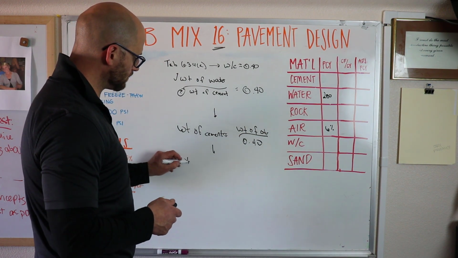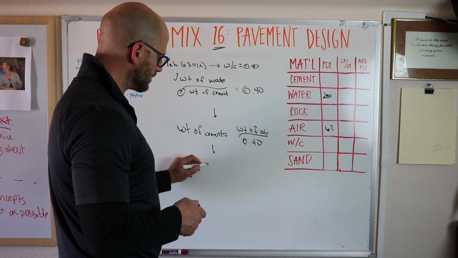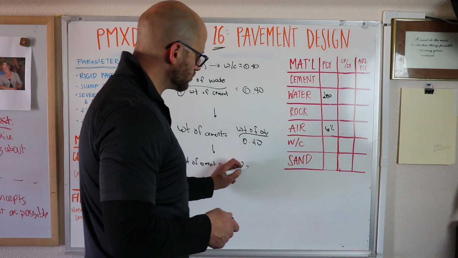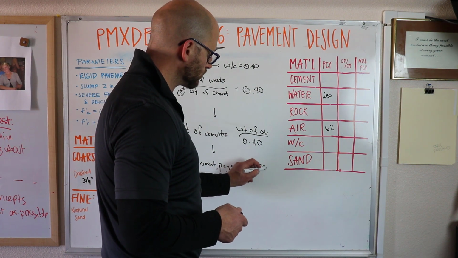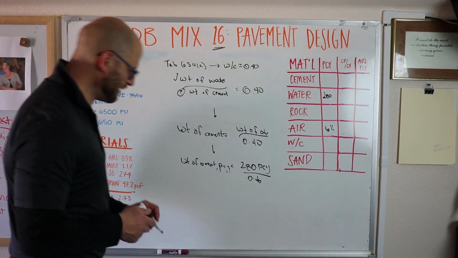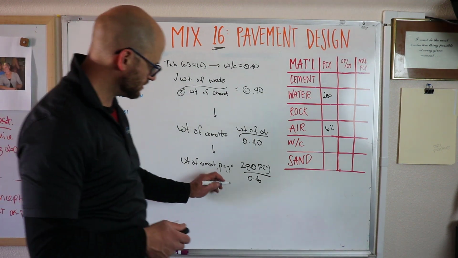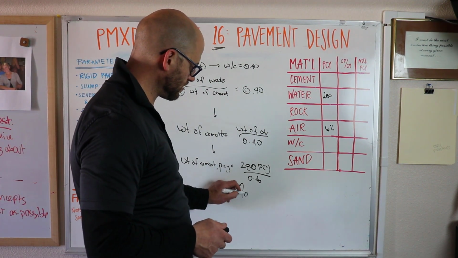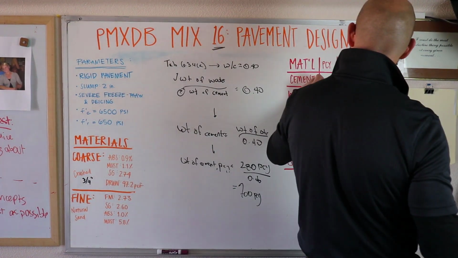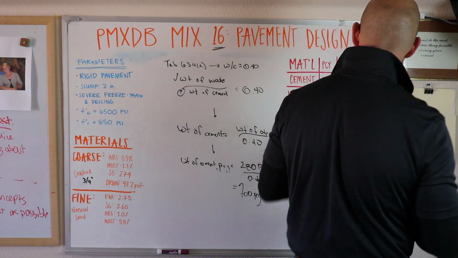So our weight of cement, and remember, this is in pounds per cubic yard, equals 280 pounds per cubic yard divided by 0.40. Haley, help me out! 700? 700 pounds per cubic yard. So we're going to write that right up here, 700.